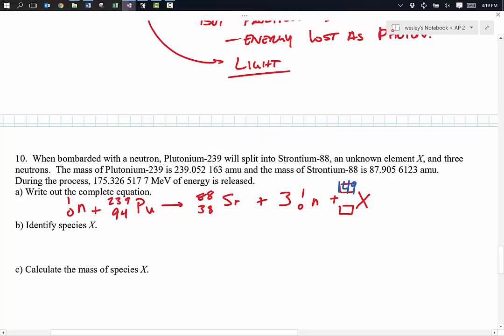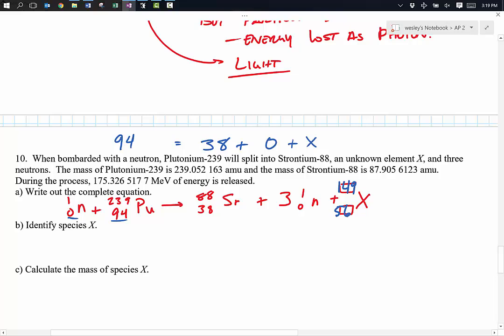Now we need to look at the protons, because we're not going to lose any protons here. On this side I have 0 and 94, so 94 protons. On this side I have 38 plus 0 plus X for the number of protons for X. So 94 minus 38 gives me 56.